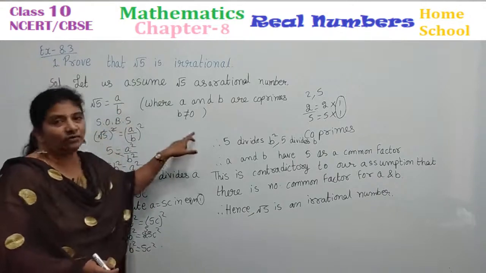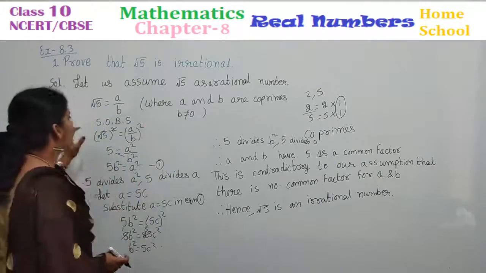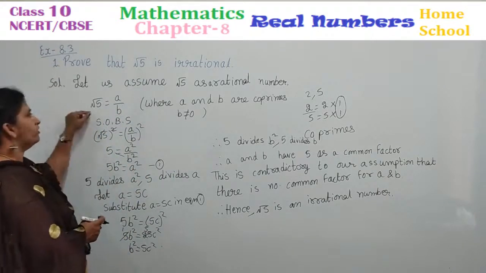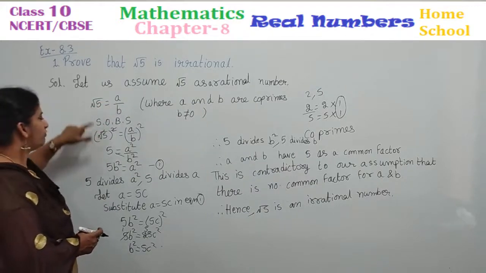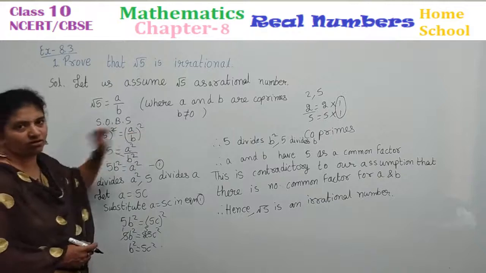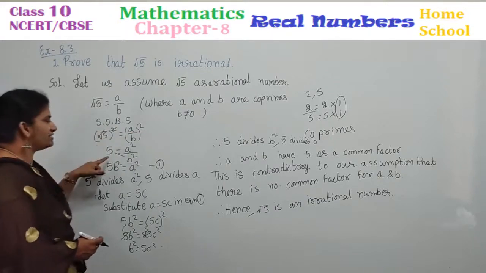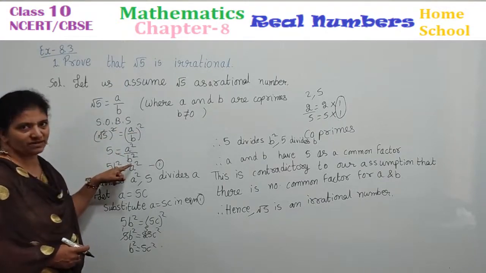And B cannot be equal to 0. How did we start our proof? Root 5 is equal to A by B. Squaring on both sides. Root 5 whole square is equal to A by B whole square. Square root cancel, 5 is equal to A square by B square.